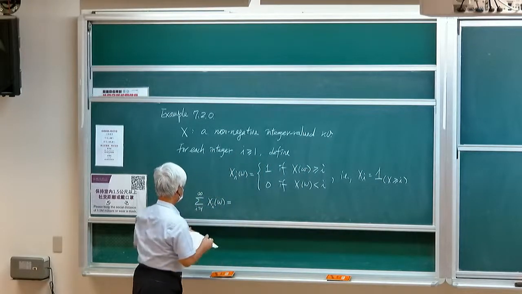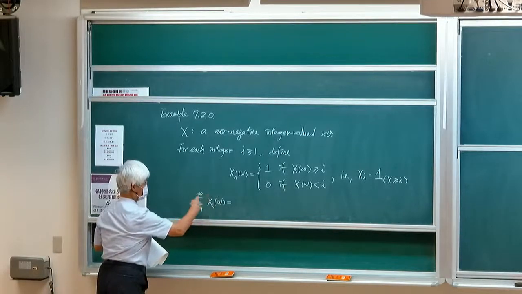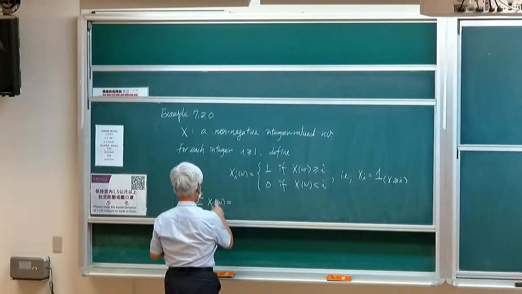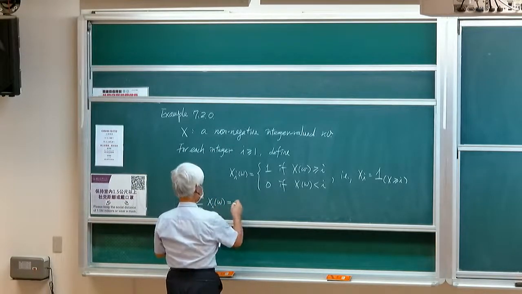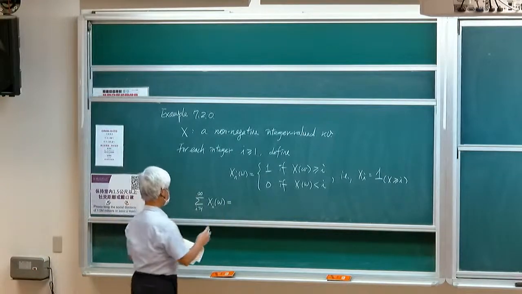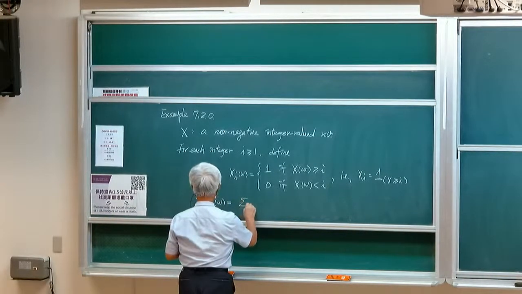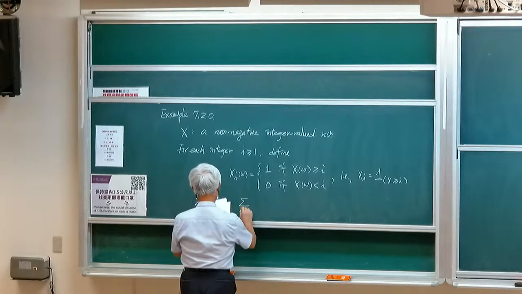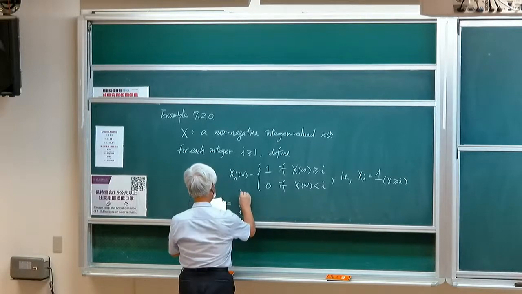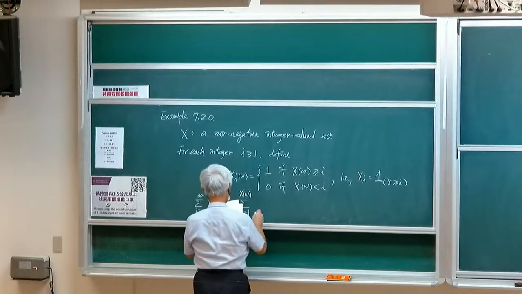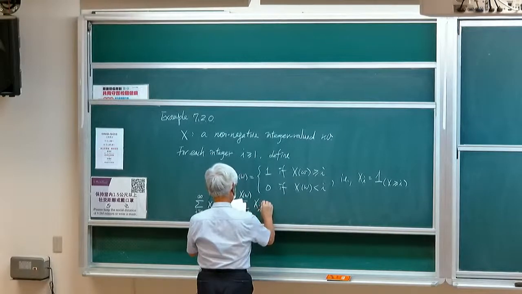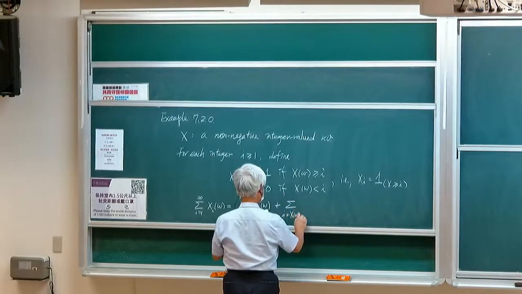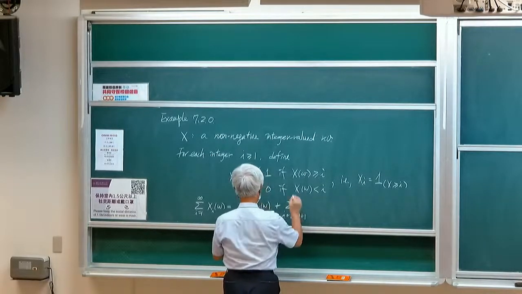Okay, so when we look at the sum here, you can see that this is equal to the summation of X_i from i equals 1 to X of omega, plus the summation from i equals X of omega plus 1 to infinity.